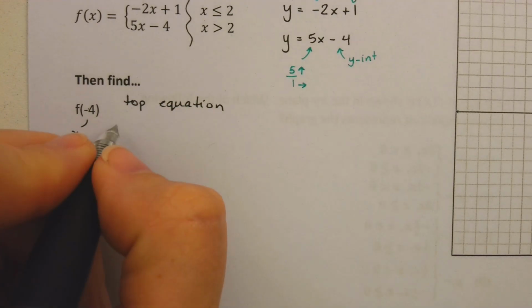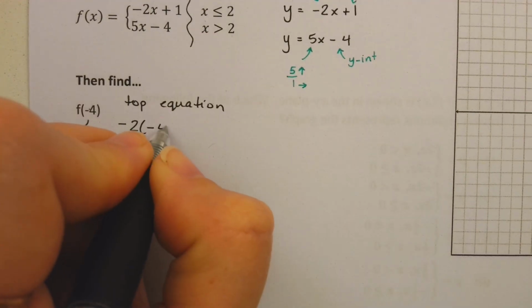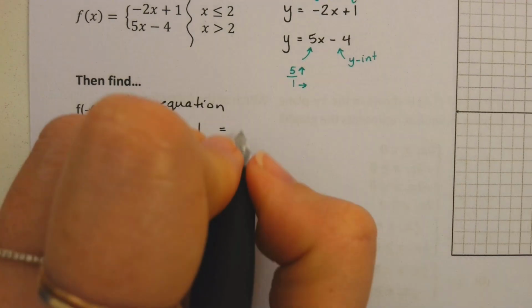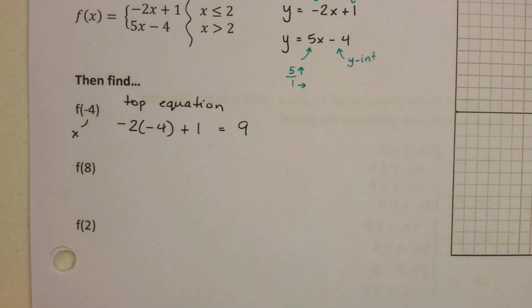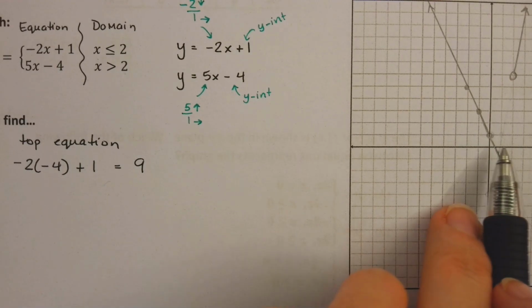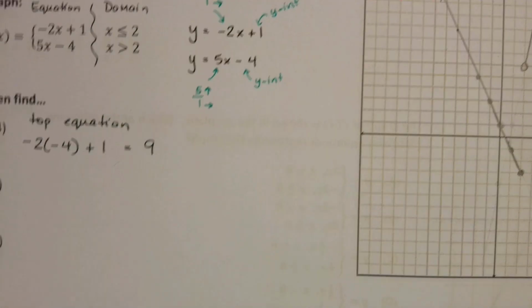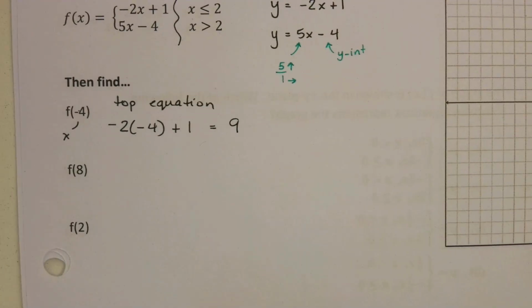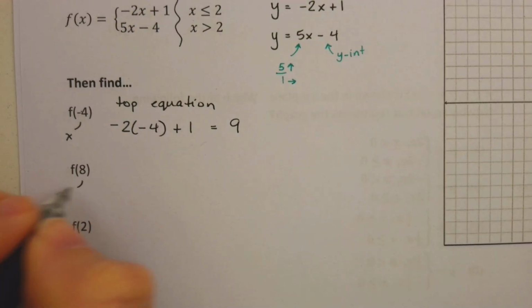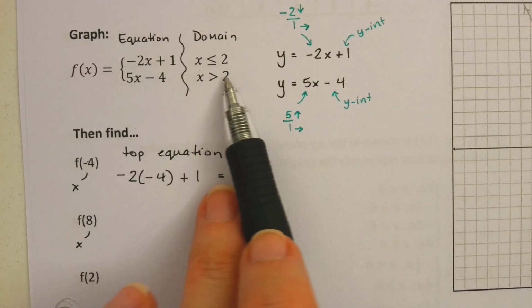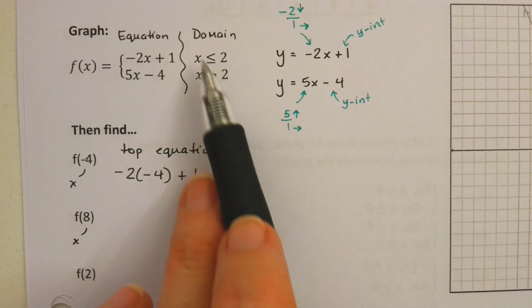So my top equation is -2 times the x value plus 1, which is 9. You probably could have seen that on the graph if you drew a nice looking graph. -4, 9 would be up here. Okay, for the second one, f of 8, remember that is just an x value again. Would that fit when x is less than or equal to 2 or when x is greater than 2 for f of 8?